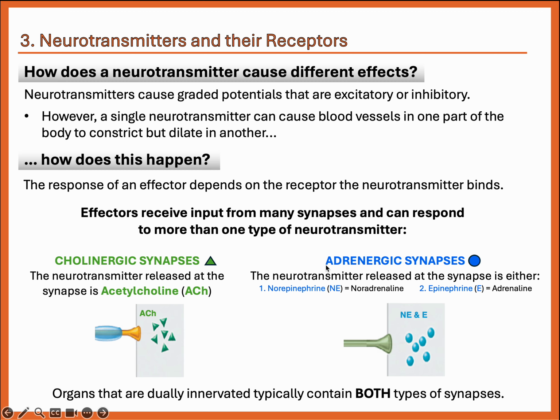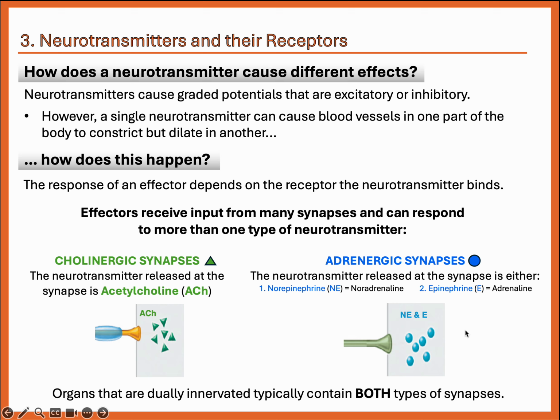Adrenergic synapses: it sounds like adrenaline. They release the neurotransmitters norepinephrine and epinephrine. Another name for norepinephrine is noradrenaline, and another name for epinephrine is adrenaline.